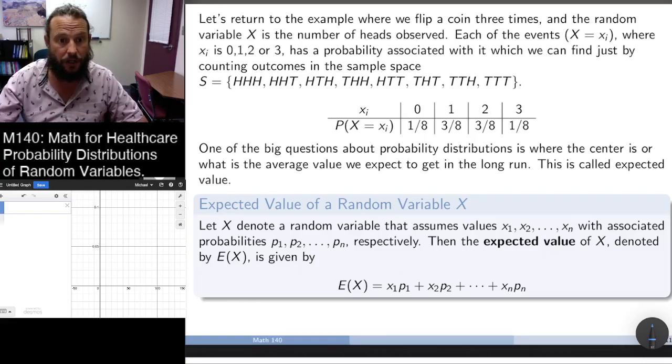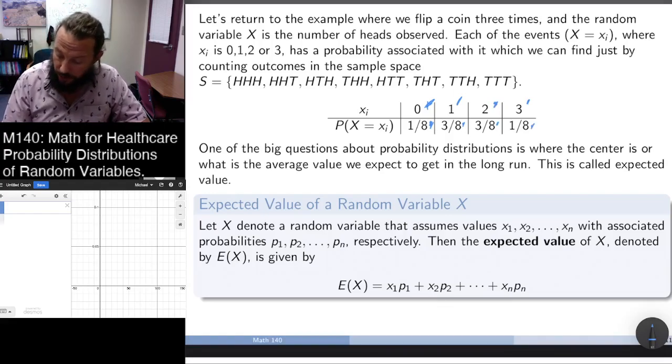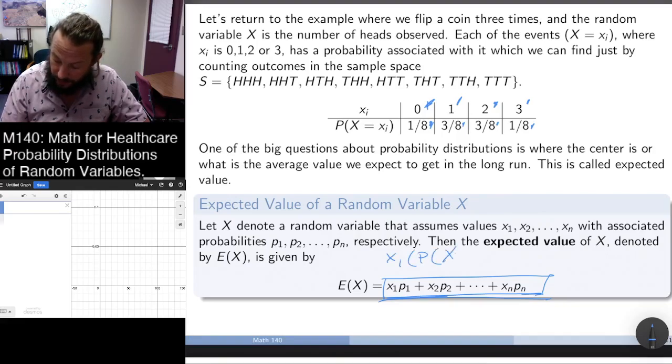So sometimes on a chart, I think of it as the value times the probability, plus the value times the probability, plus the value times the probability. That's all this formula is giving us. You could rewrite it as x1 times the probability of x equals x1, plus x2 times the probability x equals x2, and so on.